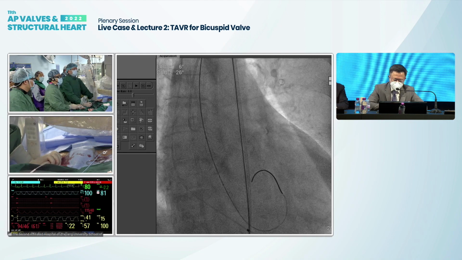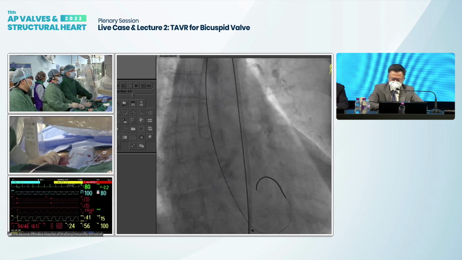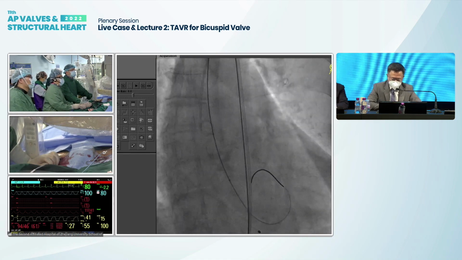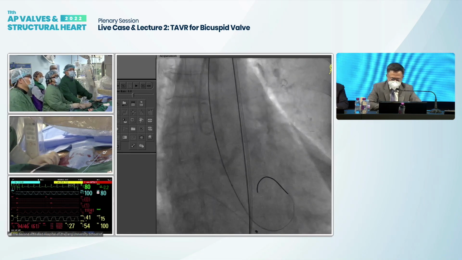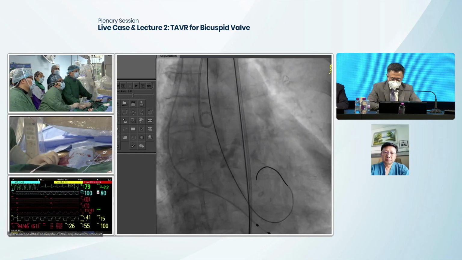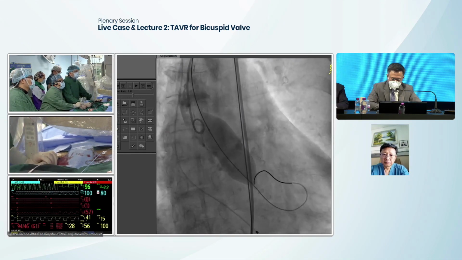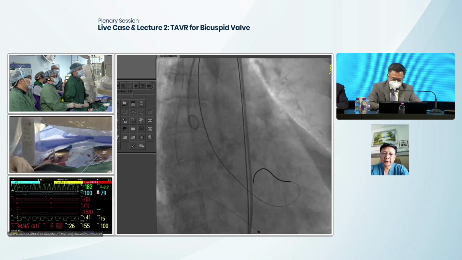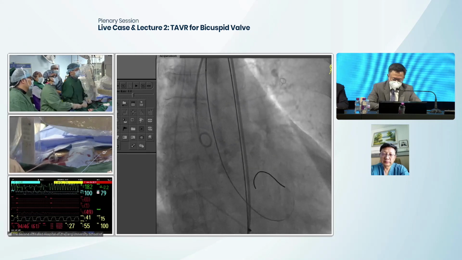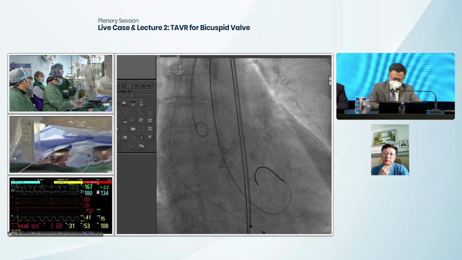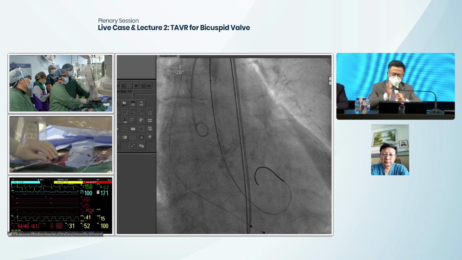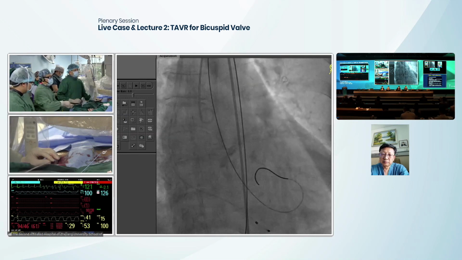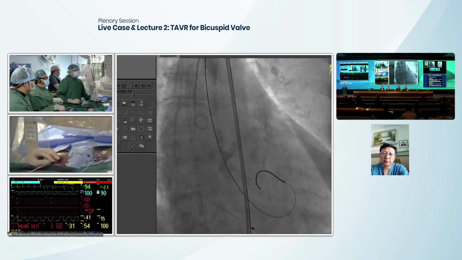Okay, start pacing at 180. So we don't need a second balloon dilatation. Just a single balloon valvotomy is enough.